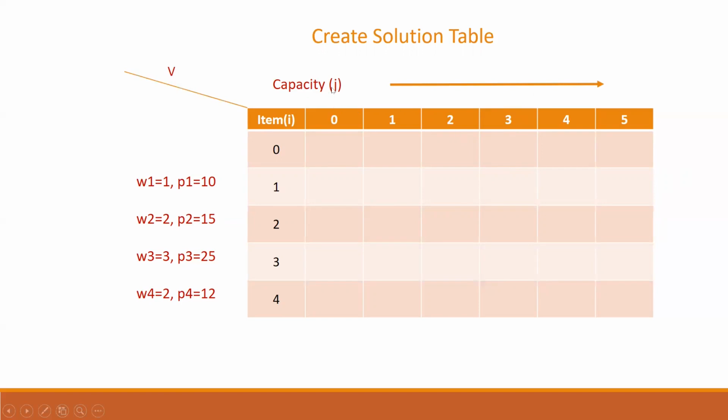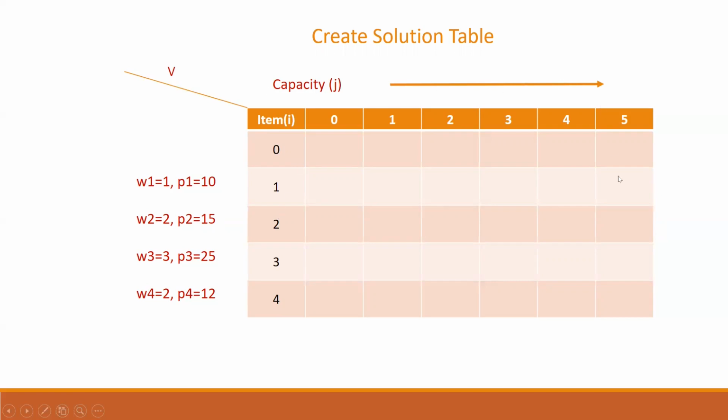So we are finding the solutions for the knapsack capacity 0, 1. Similarly, knapsack capacity 2, 3, 4, 5. And also the number of items. There are 4 items. So we have to consider 5 rows. So the 0th row is meant for if no item is selected.